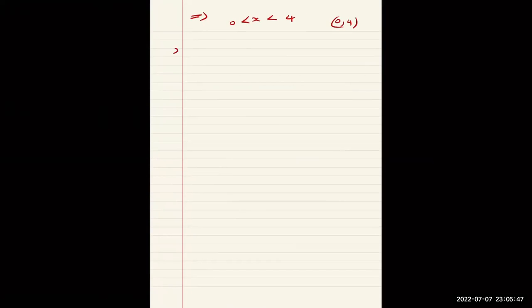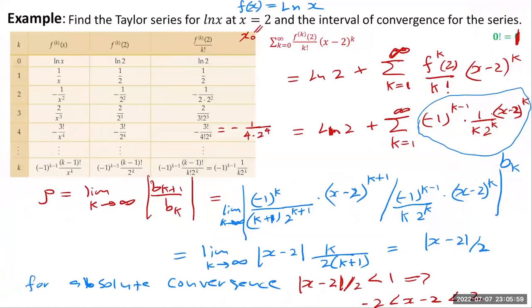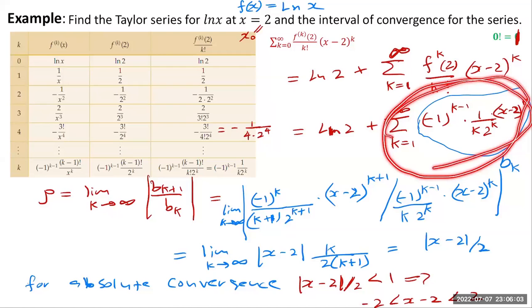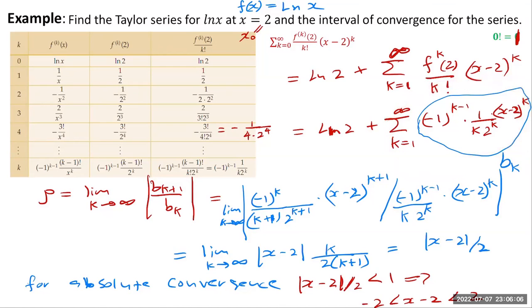Let's analyze that. When x is equal to 0, I'm going to go to my original series and plug in x is equal to 0 here. If I plug in x is equal to 0 here, what would I get?